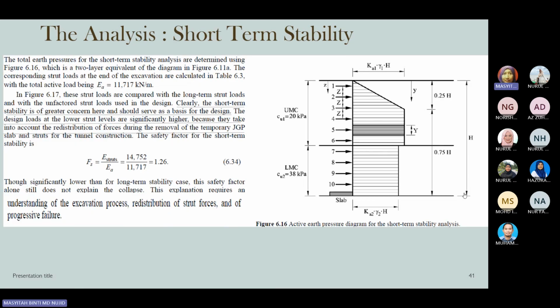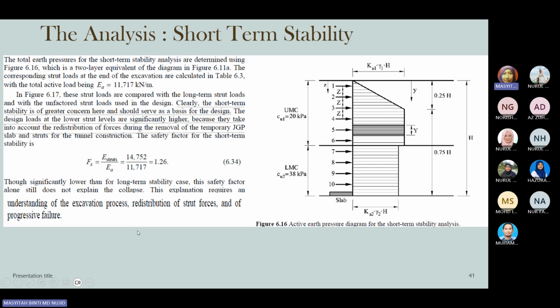For short-term stability, you can also see the lateral pressure in a totally different shape. Now it's not a straight rectangle from top to bottom. You can see the upper half is trapezoidal in the upper clay and the rectangular shape is in the lower marine clay. So there is some theoretical background on how this pressure diagram shape is derived for the upper layer and the lower layer of the marine clay, because just now we saw long-term stability, and right now it's short-term stability.